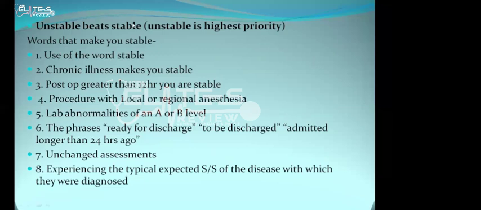Now, there are some other things to look out for when you are doing prioritization. We have a saying that goes, unstable beats stable. What we mean by unstable beats stable is that unstable conditions will always be prioritized over stable conditions.